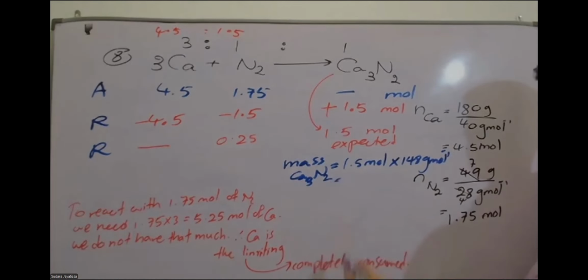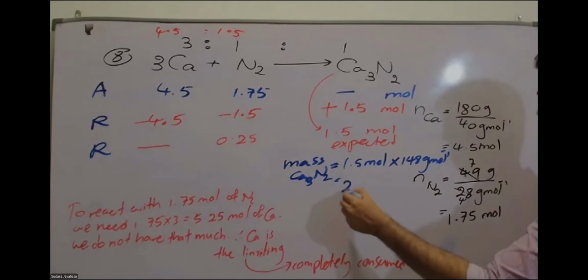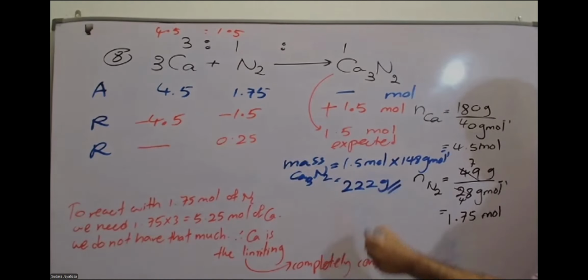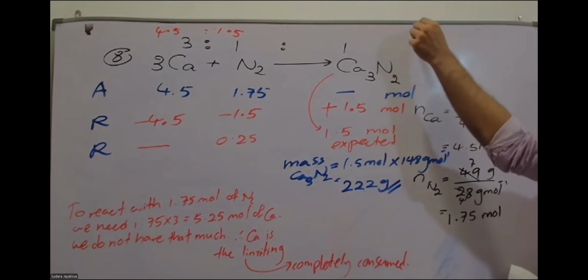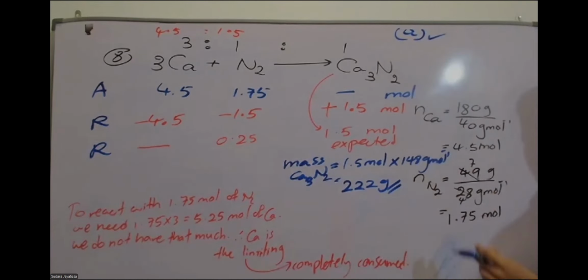So what's the value? 148 plus 74 is 222. 222 grams is expected. So now you can say answer A is correct.